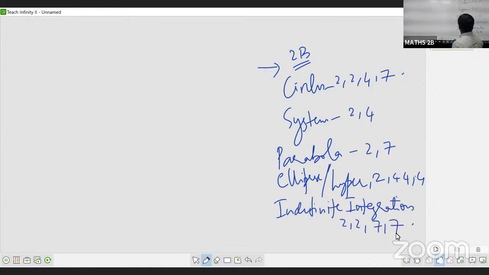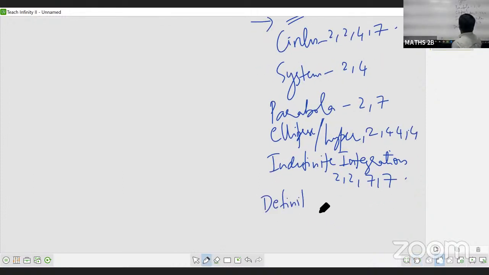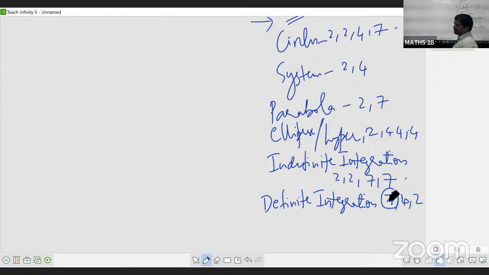But already we finished. Now, definite integration. In definite integration also, I did 7 mark, right? 4 mark and 1 2 mark. I did a few 7 marks. 4 mark you leave it in choice. 7 mark also, what I suggest to you is let it be in choice. Whatever the 7 marks I explain, you go through it.